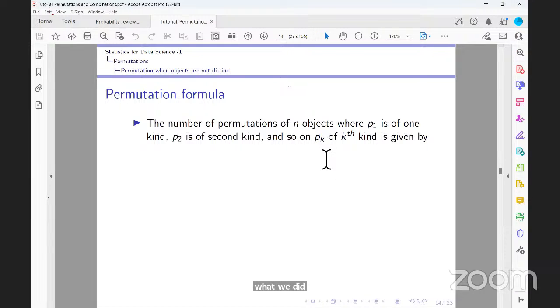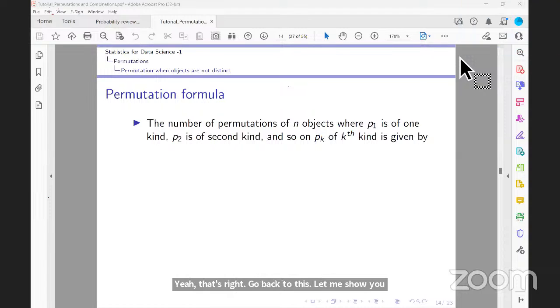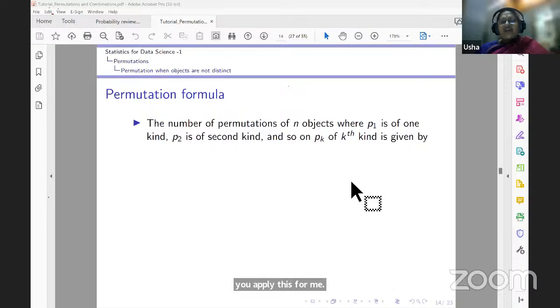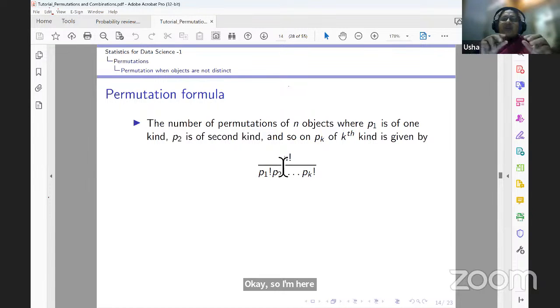Okay. 5 of one kind, white, and 3 blue of one kind. How many ways can I arrange it? It is 8 factorial by 5 factorial, 3 factorial. Is that clear? That is the first question we asked, right? How many ways I can arrange the 8 beads where I have 5 of white and 3 of blue.